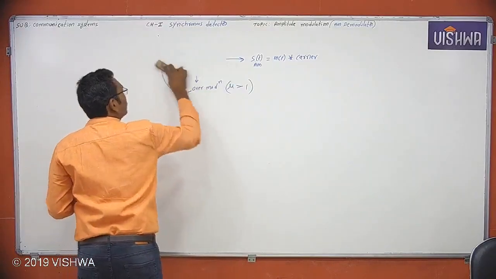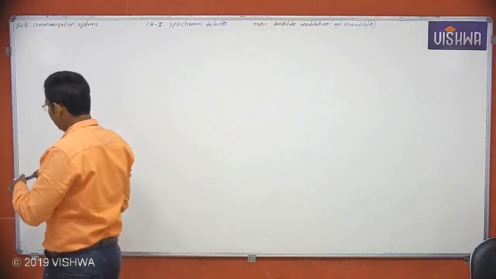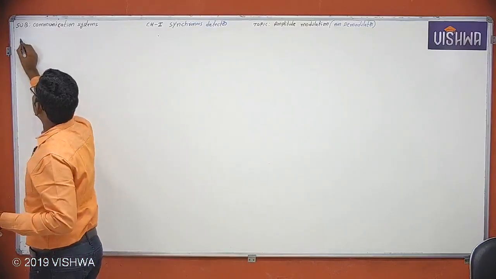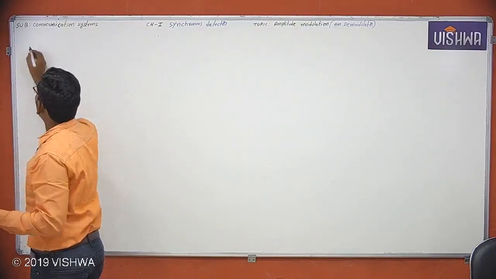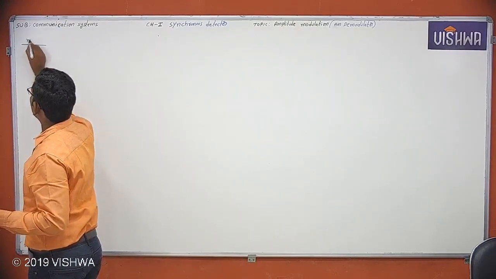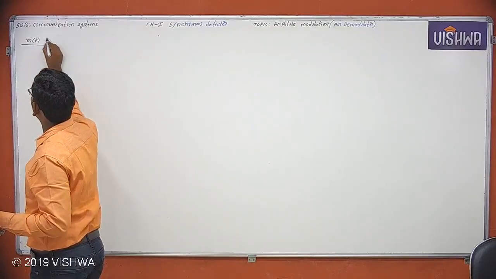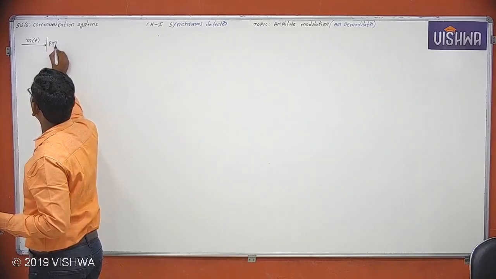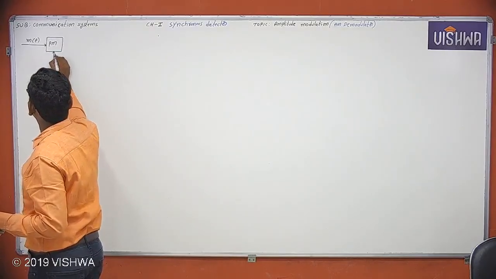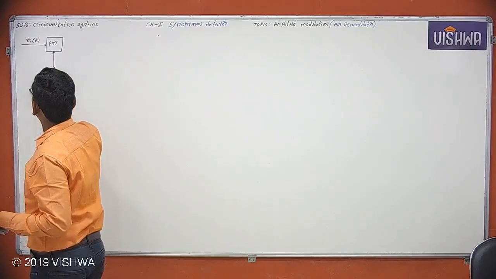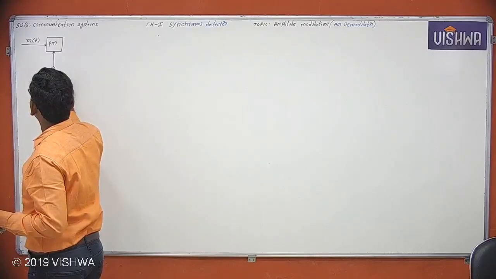So we'll see synchronous detection. Now this is the message signal, at the transmitter portion also. I just take a product modulator, and this is the carrier signal, which is Ac cos 2 pi fc t.